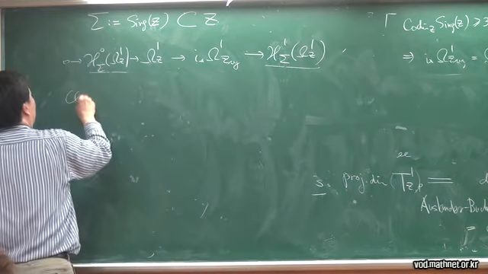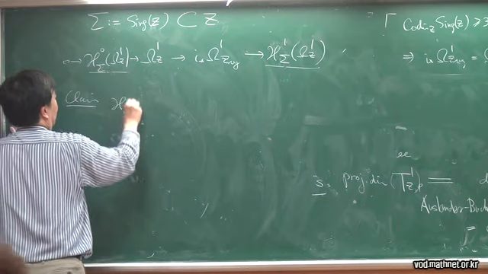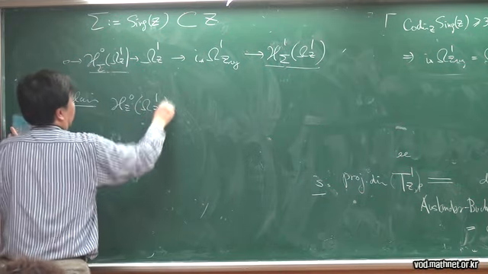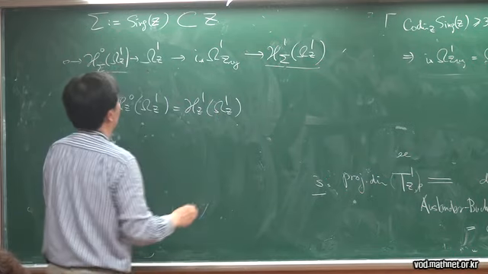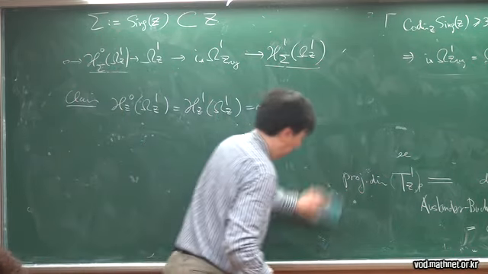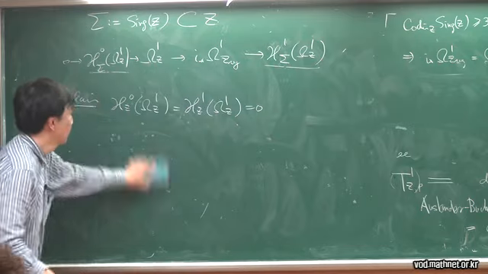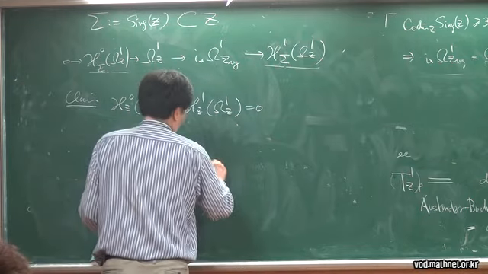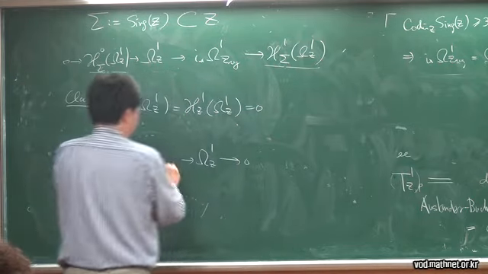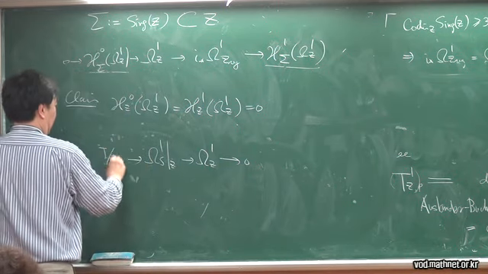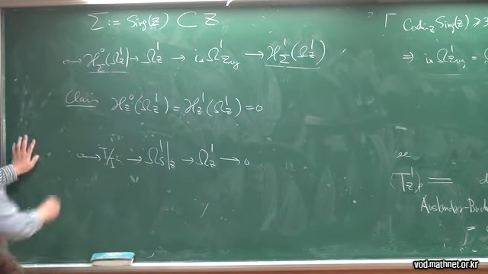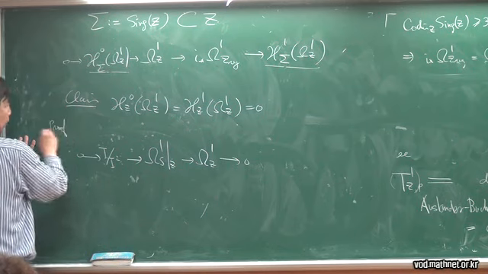So claim: this vanishes. Is 0. But we have the following exact sequence, as I explained. Yes? How to prove this claim?